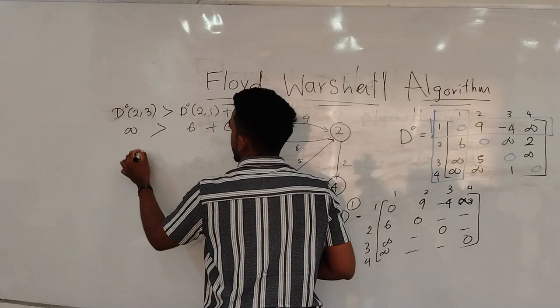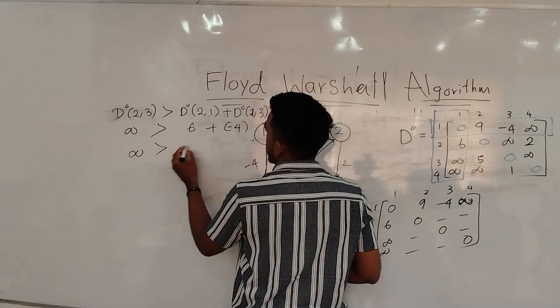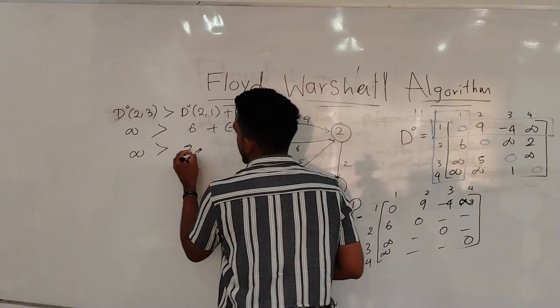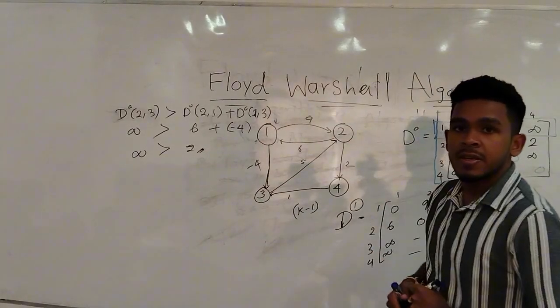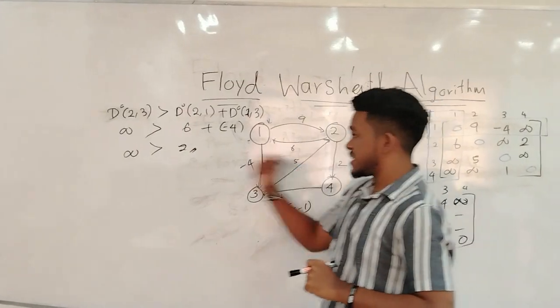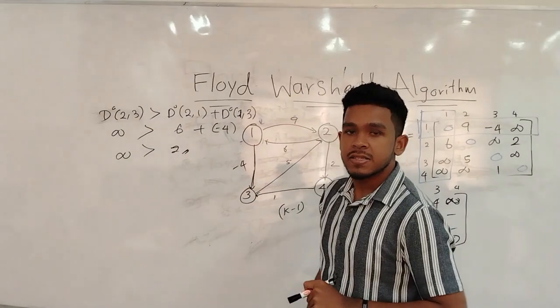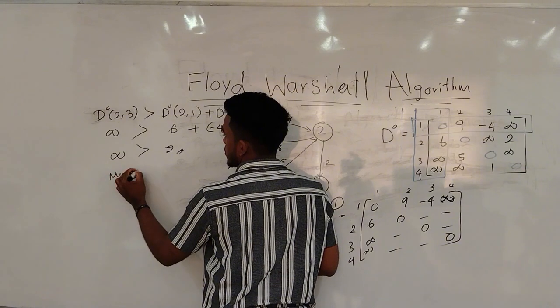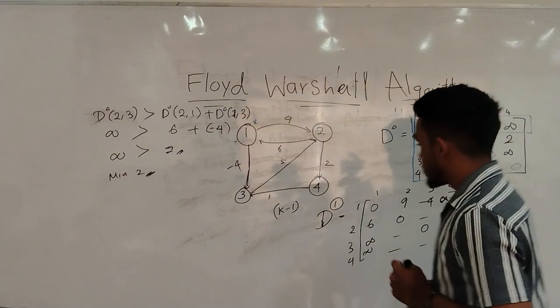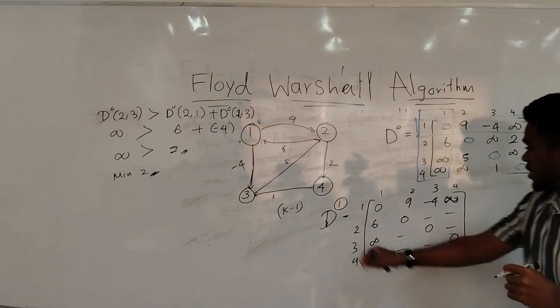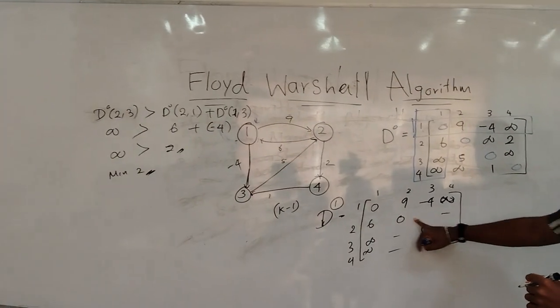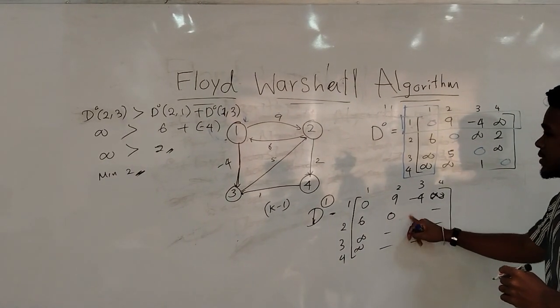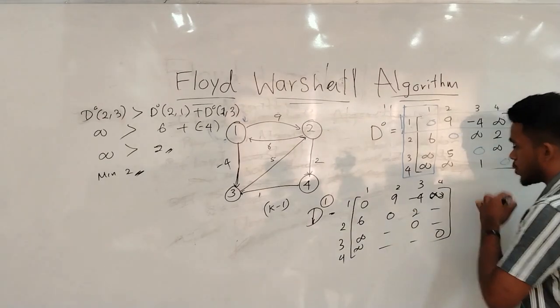Then infinity is greater than 2. We always use the minimum distance as the answer. According to this, the minimum is 2. So D1 2 to 3, the minimum path, is 2.